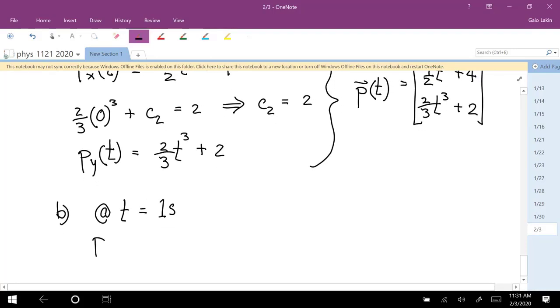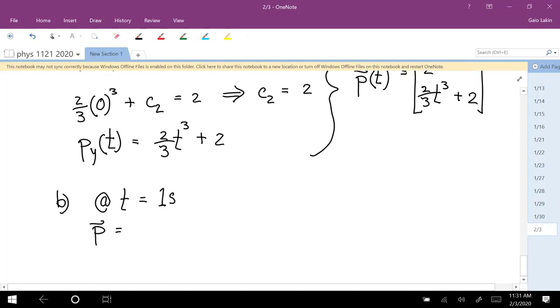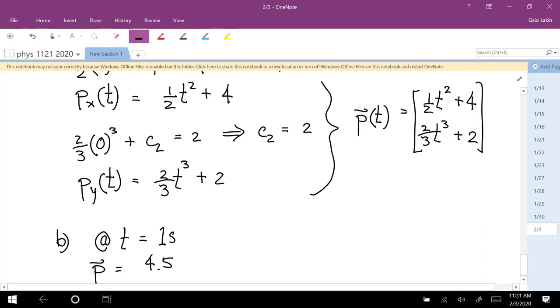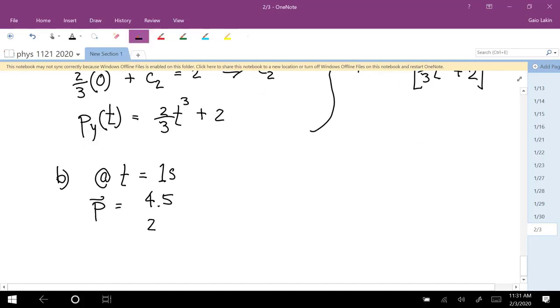Well, the position vector is 1/2 times 1 squared plus 4. So that's 1/2 plus 4, so 4.5. Plug in 1 in the y component, you get 2/3 times 1 plus 2, so that's 2.6 repeating.